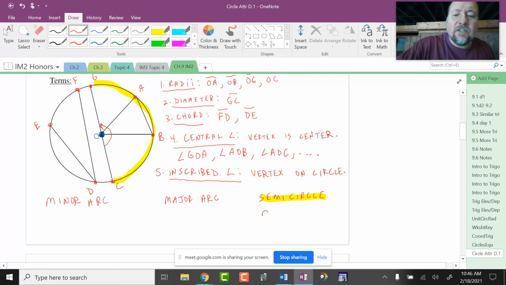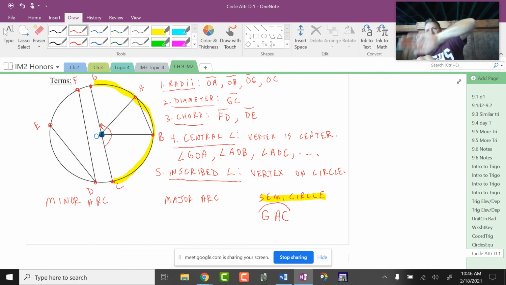I don't really want to call it GC because I want to know which half I'm talking about. So my opinion is we should name an arc with 3 letters if it's a semicircle, to know which half I am talking about. But the real thing is, look at that symbol. It's not a segment symbol, it's an arc symbol above that.